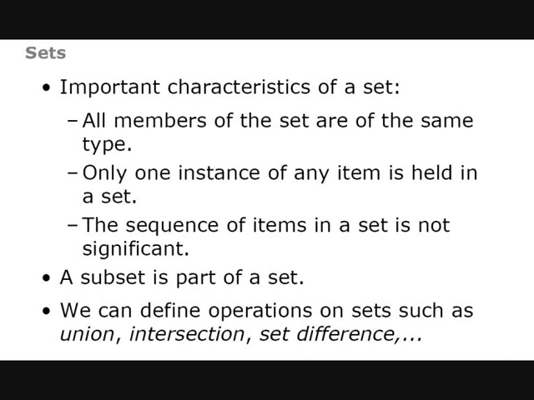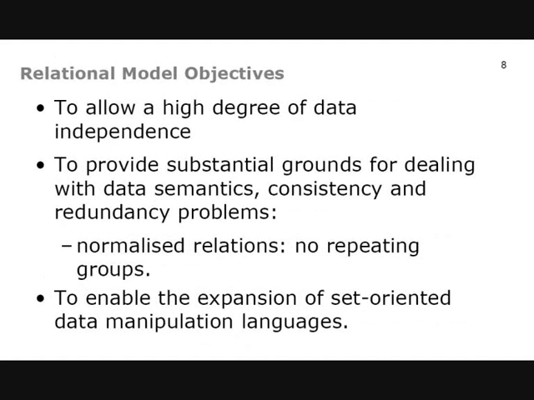So why do we actually have this relational model? Well, first of all, what we want to attain with this relational model is this independence. We talked about it in the last lecture. We said what we want to do is separate the data implementation from the data definition. We want to be able to change the data definition, where the data is stored, without affecting all of the users.